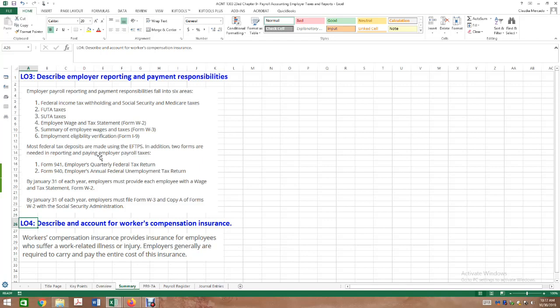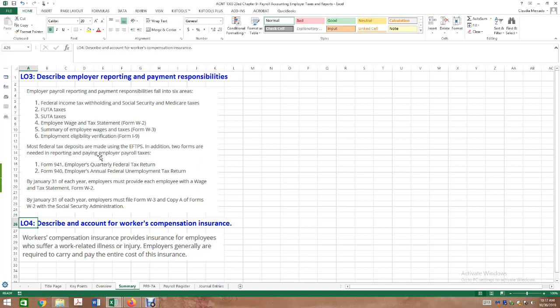So you'll get that in an electronic version, whether it be electronic, paper, whatever the case might be. The employees must have received it by January the 31st. Okay? By January the 31st, also the employers must file Form W3 and a copy A of Forms W2 with the Social Security Administration.